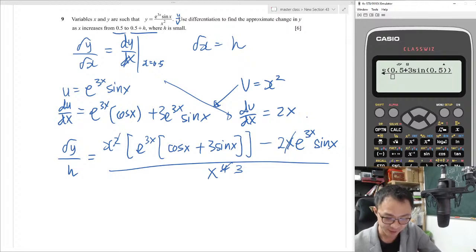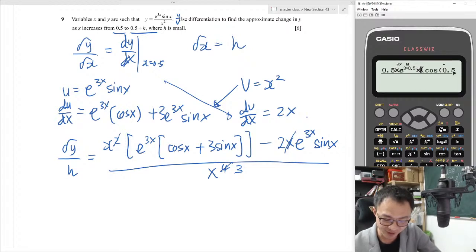One more bracket, I believe. And then minus 2 e^(3 multiply 0.5). I type slowly because I just want to avoid typing mistakes, so that I don't need to retype everything again. Okay, the minus applies to the whole thing here, right? No need for a bracket then. So over 0.5 to the power of 3.